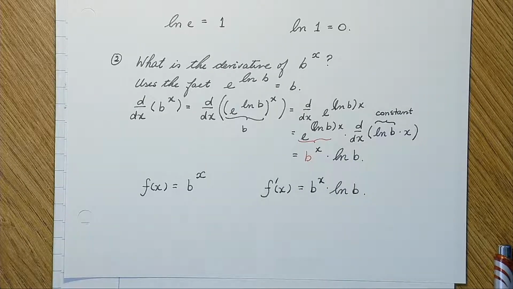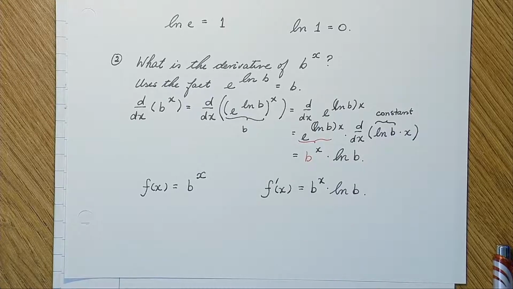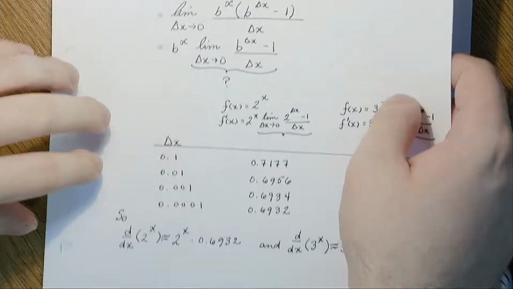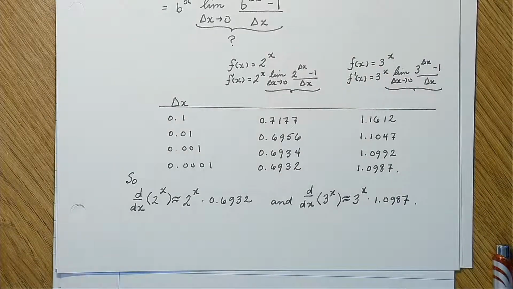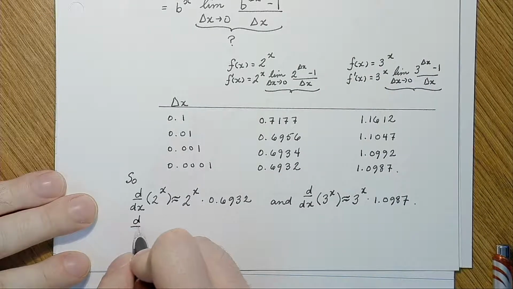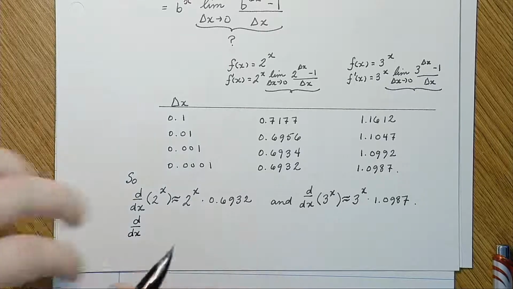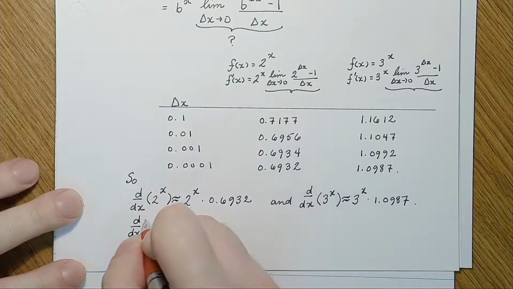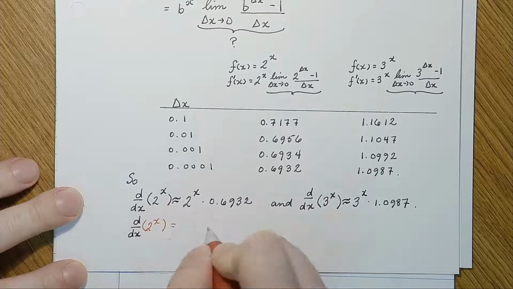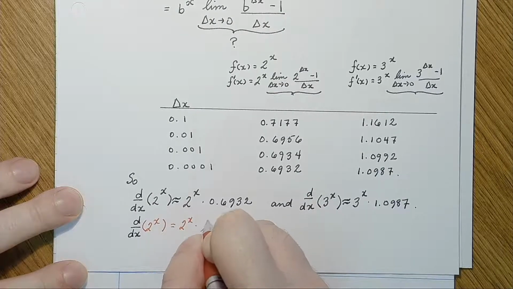So I'm almost done, it's 5:31. If we go back to the original sheet, I can tell you what this is. The derivative of 2 to the x is equal to 2 to the x times ln 2.